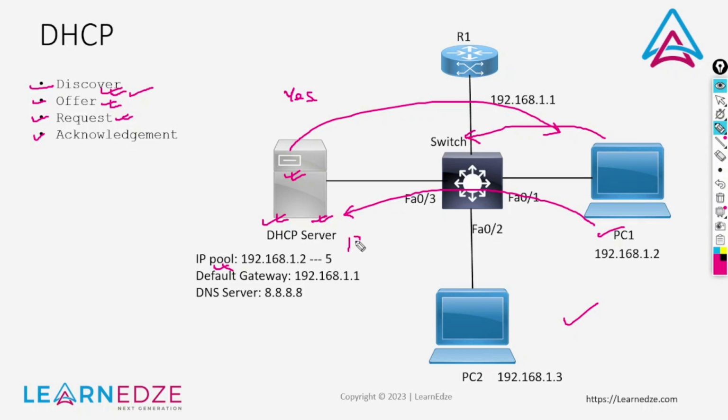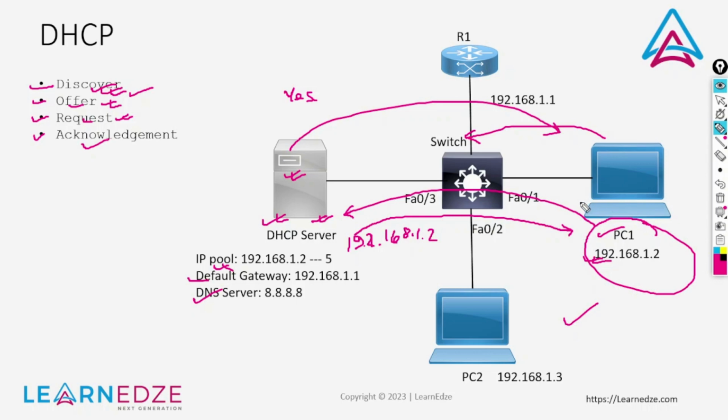Let's say it will send 192.168.1.2 as an acknowledgement to PC1, saying here's your IP address, and it will send the related information like default gateway and DNS server to PC1. So that's how, by using the DHCP process, that is discover, offer, request and acknowledgement, a PC can learn its IP address information from the DHCP server present in its local area network.